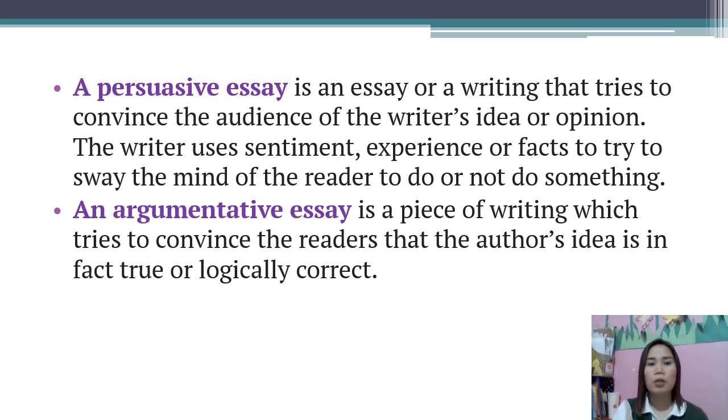All right? So, persuasive or persuasion refers to emotions, while argumentative is more on logic. Again, persuasion or persuasive uses emotion, while argumentative uses logic. So that is the difference between persuasive and argumentative. Okay.